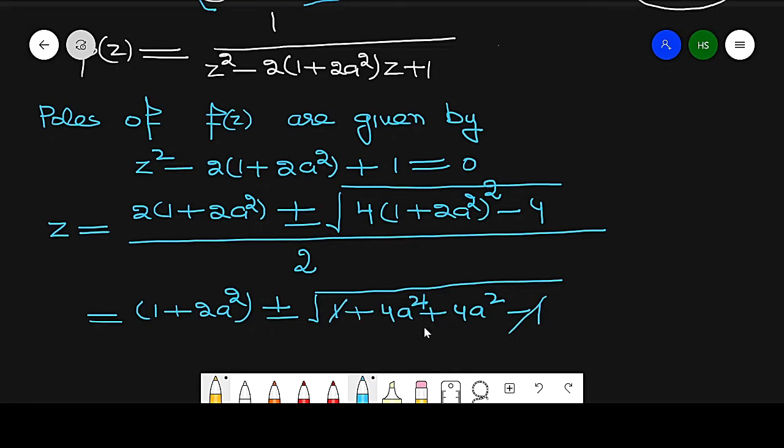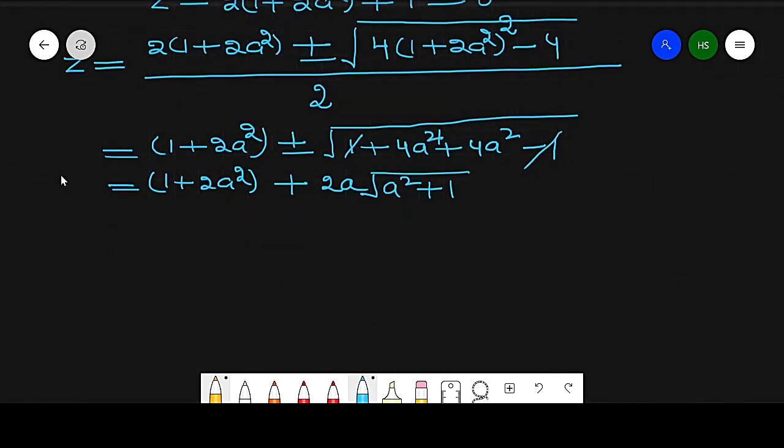So it is 1 plus 2a square plus minus 2a, with a outside, and the remaining part is the square root of a square plus 1. Now it has two roots, one with plus and one with minus.